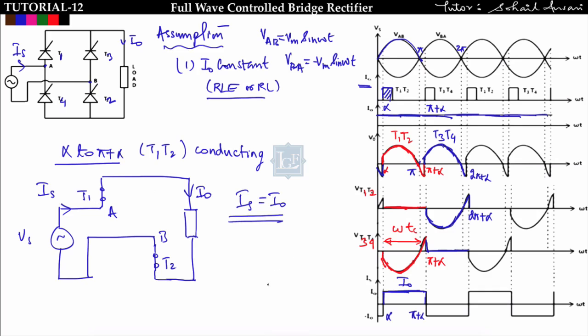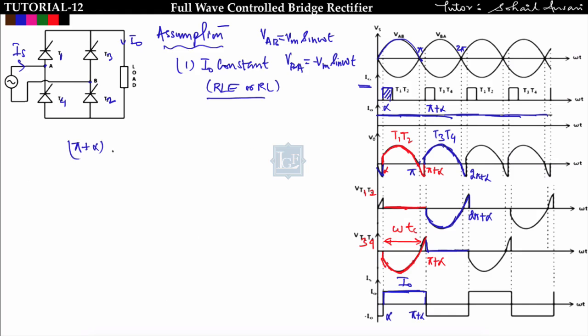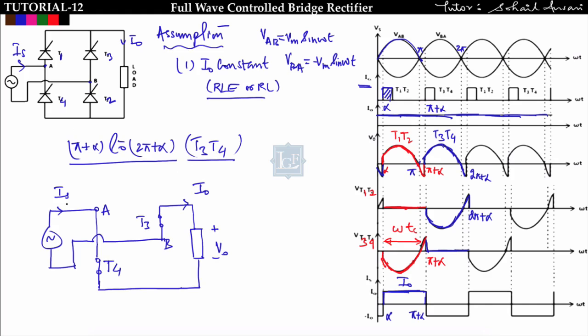Okay, now what will happen from pi plus alpha to 2 pi plus alpha? From pi plus alpha to 2 pi plus alpha, T3 T4 are conducting and T1 and T2 are off. So the equivalent circuit will look like this. Here the source current is from left to right; by default I am taking the source current from left to right. I naught is flowing like this.